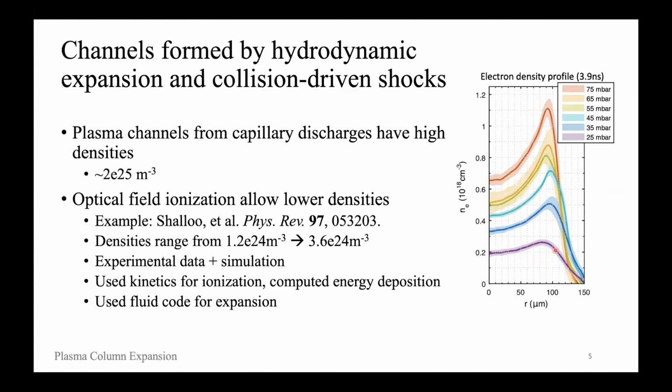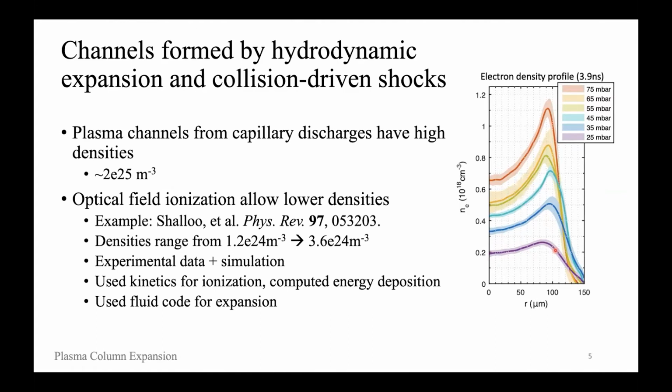So these are formed by a typical method of ionizing a column of plasma and then allowing it to expand outwards and relying on the collisions with the neutrals to drive shocks that form those edges. As such, it's highly reliant on the presence of shocks, which disappear at lower densities. It's not sufficient at lower densities.